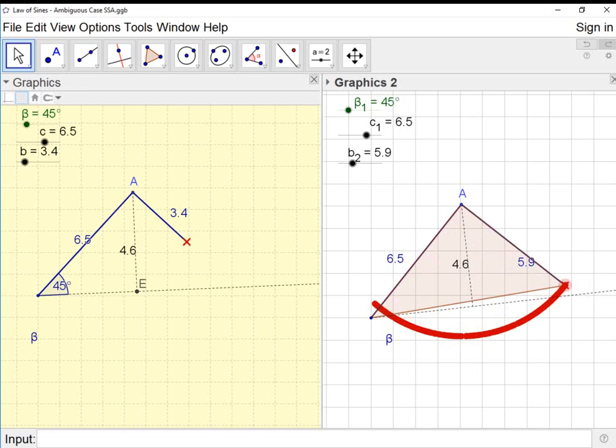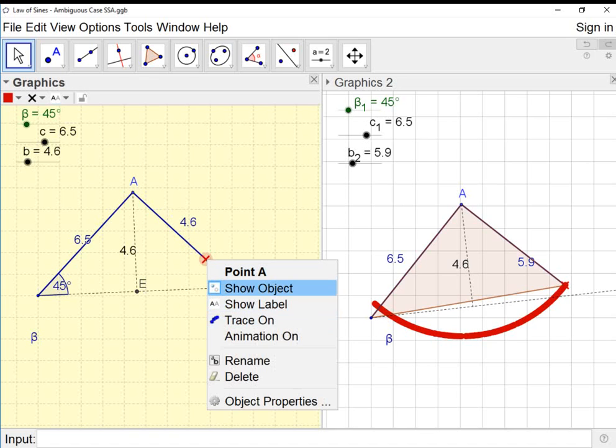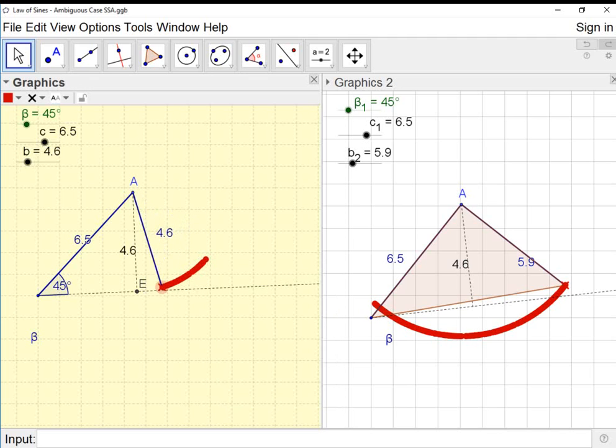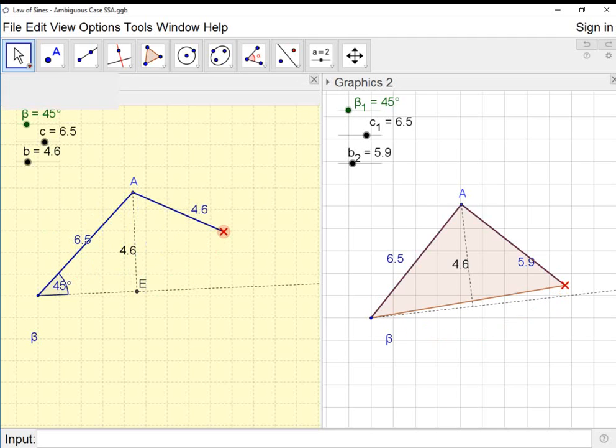When this distance here is 4.6, let's look at tracing that distance. How many times does this circle touch that dotted line now? Just touches it once, right? Does that make sense? And if that touches just one time, right there, what kind of triangle do we have here?